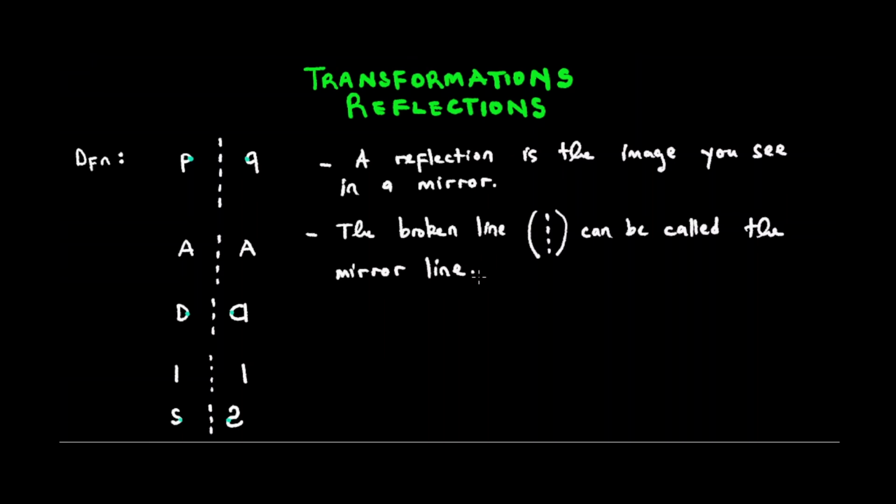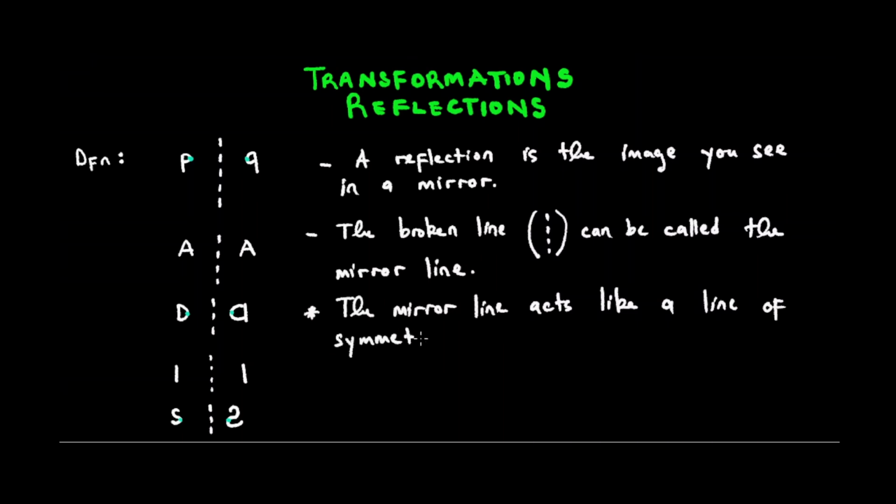But that mirror line, manje, it actually acts like a line of symmetry. And I want to put an asterisk panapa because of how important this point is. The mirror line acts like a line of symmetry. Kana tichiti line of symmetry tinenge tichirevei?